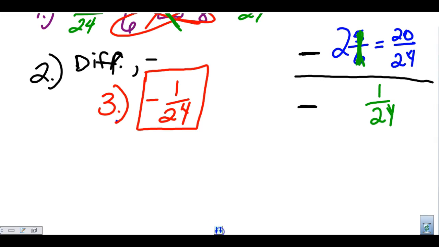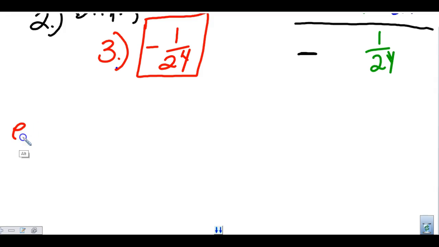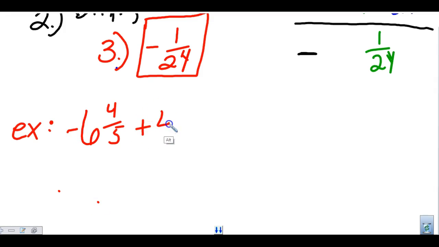Go ahead and try these examples on your own: negative 6 and 4/5 plus 4 and 1/2. Try them on your own and see what you get. Go ahead and pause the video and see what you get.